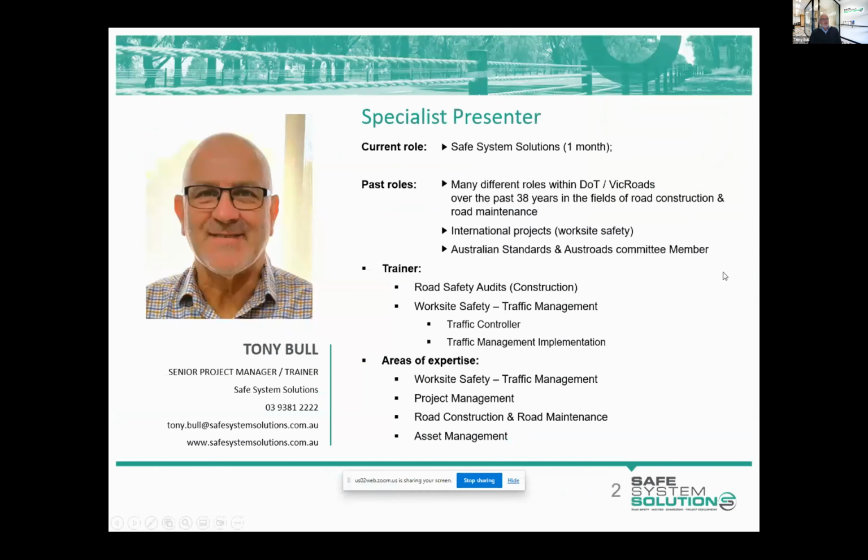There we go. So, as Ken said, I had almost 39 years with the Department of Transport / Vic Roads, working mainly in the fields of road construction, road maintenance. But yeah, I've joined Safe System Solutions on the 30th of Jan, and very happy to be on board with Ken and his team.